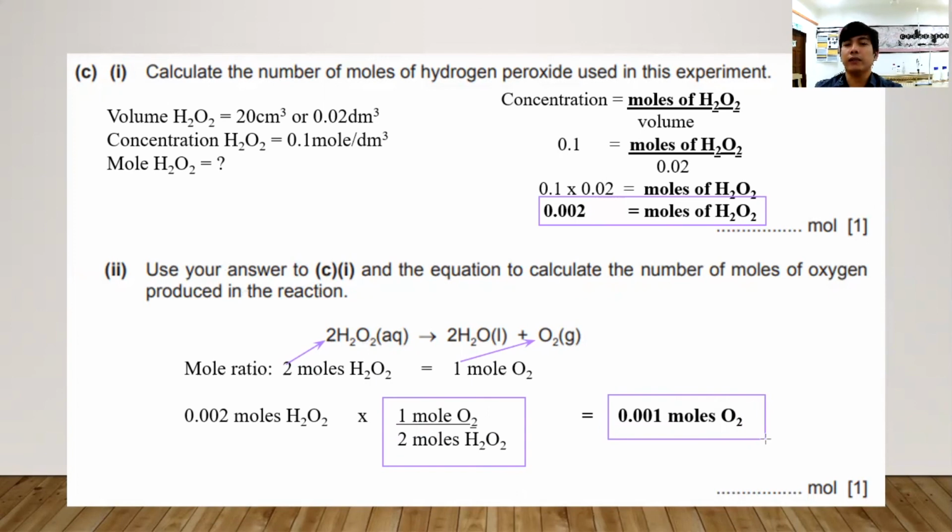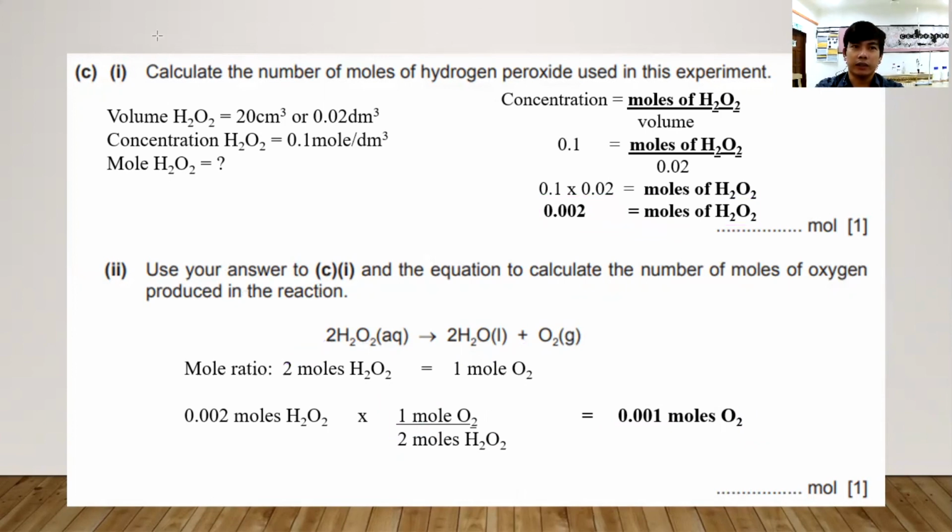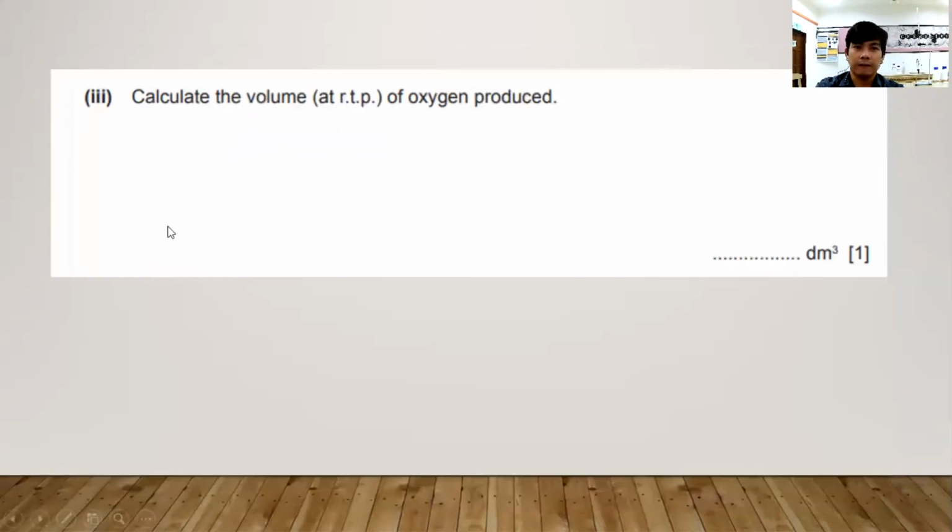Okay, now we identified the moles of O2 already. Then we can proceed to the next question. The last question is to calculate the volume at RTP. Again, RTP means room temperature and pressure, of the oxygen produced.